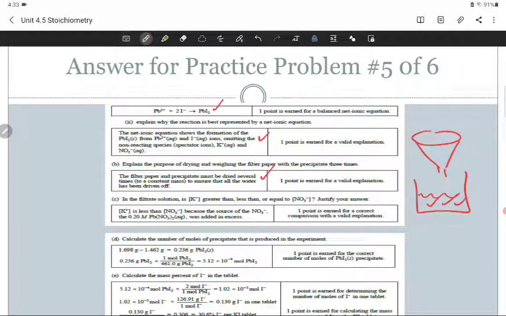And this would be an explanation associated with how much starting material we had. I think we talked about how to get the mass of the PbI2, and then we had to turn it into moles using the periodic table molar mass.